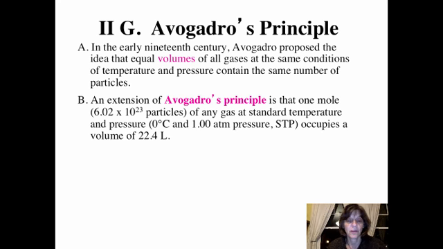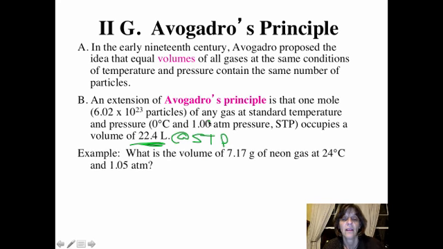So make sure you highlight that or something. 22.4 liters at STP. 0 degrees Celsius or 273 Kelvin and 1 atmosphere of pressure, which of course can be measured in different units. So an example of how we might use that is to figure out the volume of a certain mass of a gas at a certain temperature and pressure.